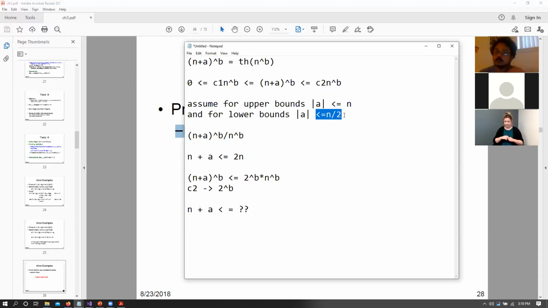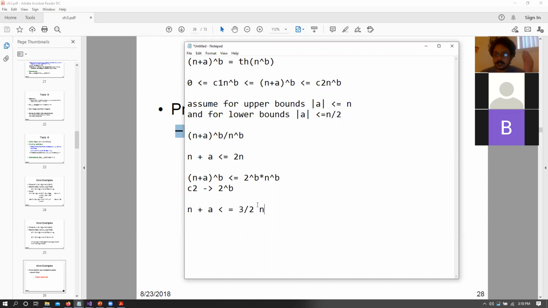So again doing the same thing, if we assume that the mod of A is always less than or equal to n by 2, can someone tell me what this would be? A could be negative or positive, but I am saying it is going to be within the n by 2 range. So to n, we can either add n by 2, or subtract n by 2. We can do 3/2 n. 3/2 n, right? So 3 by 2 n.